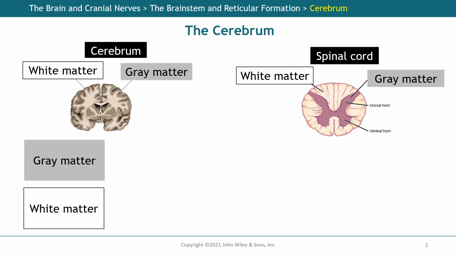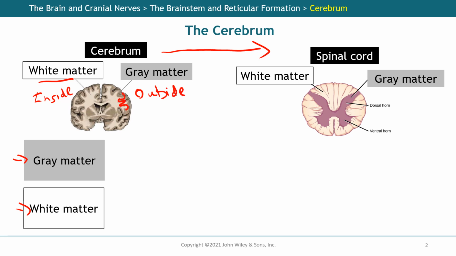Okay, just to recap, the gray and white matter have a different distribution in the cerebrum, and it will be different from the spinal cord. If you remember, the white matter will be inside the cerebrum, in the deep cortex, while the gray matter you can see outside in the cortex of the cerebrum.